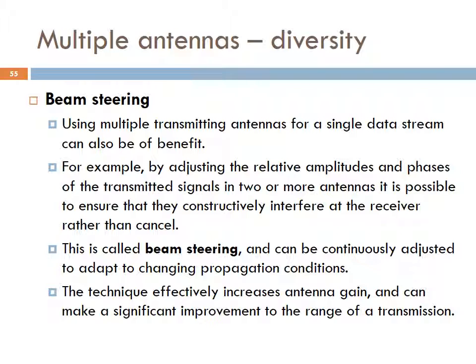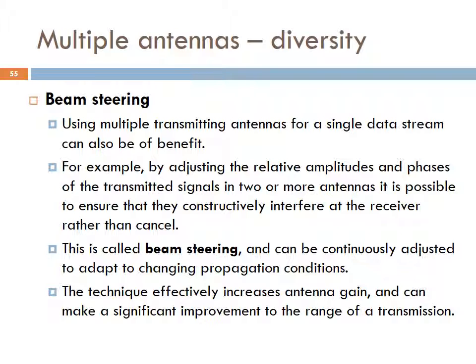In this technique, using multiple transmitting antennas for a single data stream can also be of benefit. So in the previous case, receiver diversity, we have two receivers. Here we have multiple transmitters and not receivers.